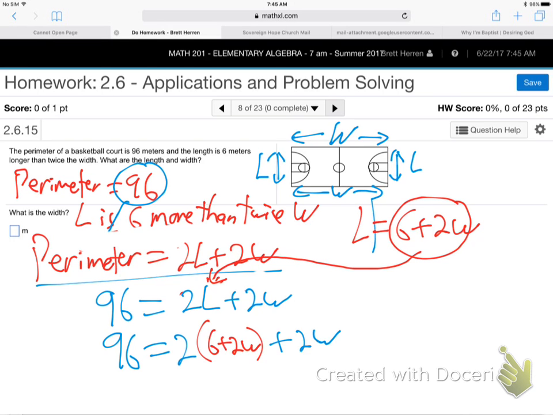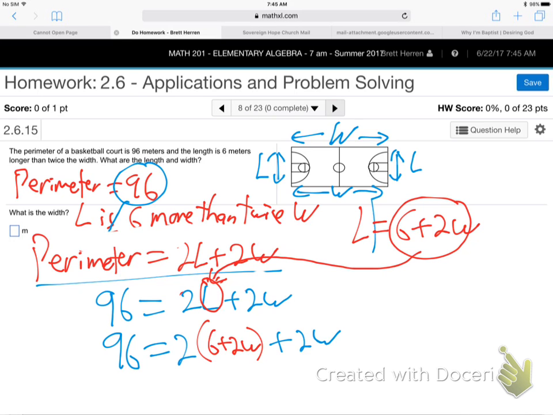I plugged in for L right here, 6 plus 2W. Now the 2 in front of the L is still there, the 2W is still in the back, none of that has changed. It's just the L itself, because L itself is 6 plus 2W. So the L has been replaced with 6 plus 2W, because that's what L is. Is that making sense? And now I've got an equation with only 1 letter and I can solve.